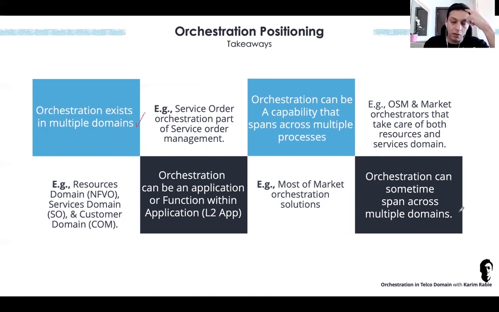We can have a look at that if you have time. But from a community perspective, open source MANO, for example OSM, and I will explain that, has both capabilities. It can take care of resources orchestration, integrating with OpenStack, Kubernetes, and AWS as a normal orchestrator. And then it can also provision services like slicing, like an end-to-end real service.